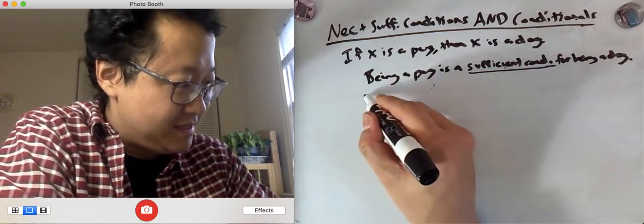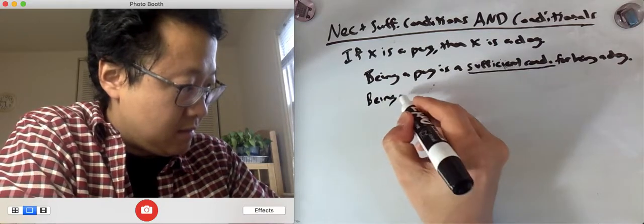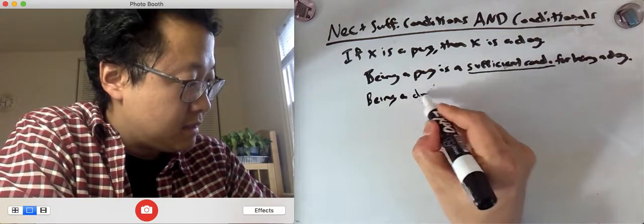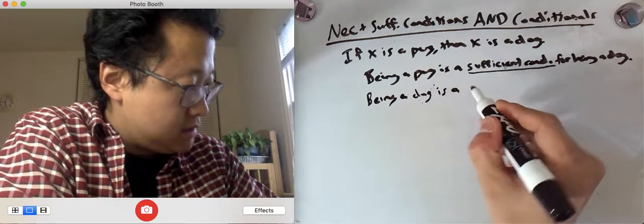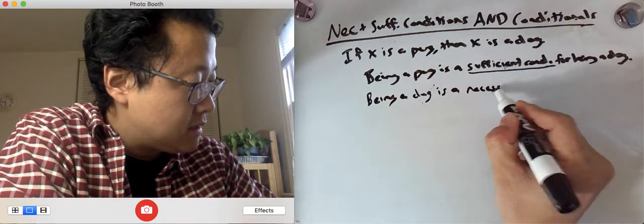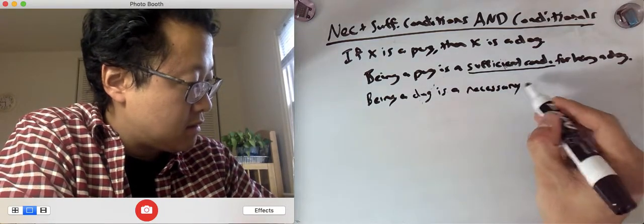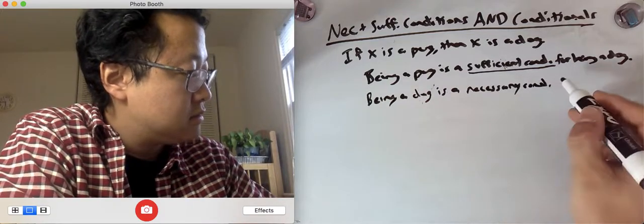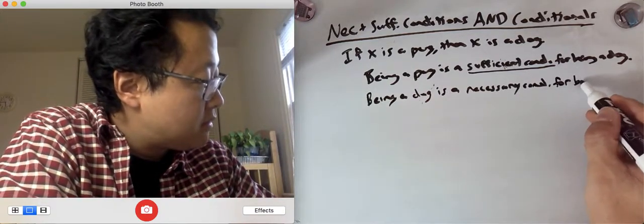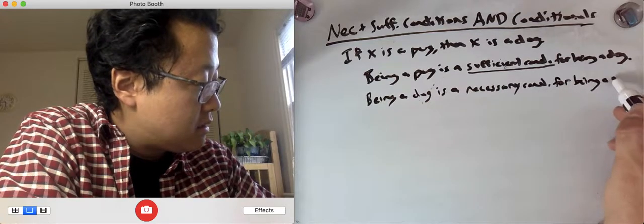So let's write that. Being a dog is a necessary condition for being a pug.